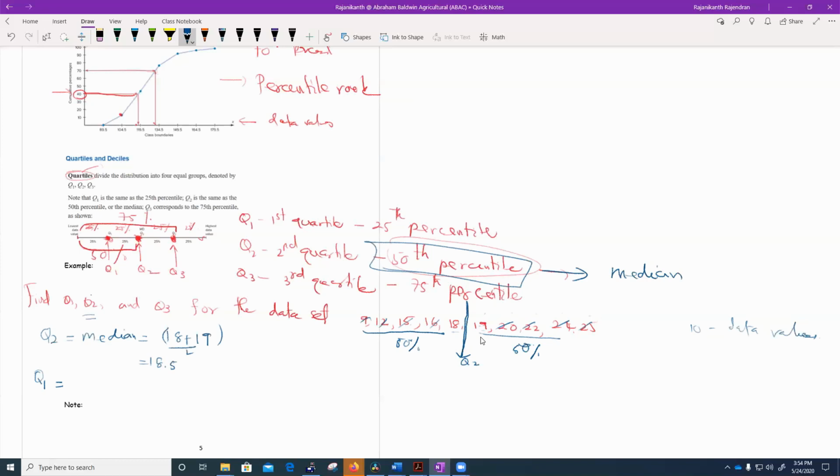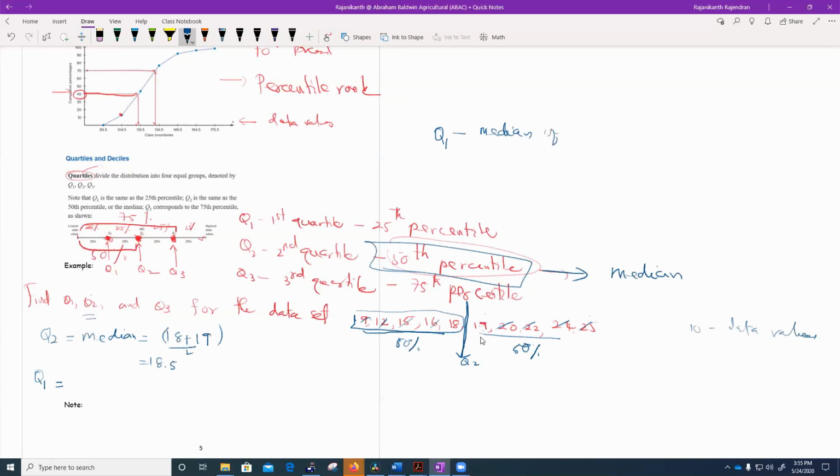So if you find the median of the first half, right? First half, let me write down somewhere here. Q1 is nothing but the median of what? Of simply the first half set.